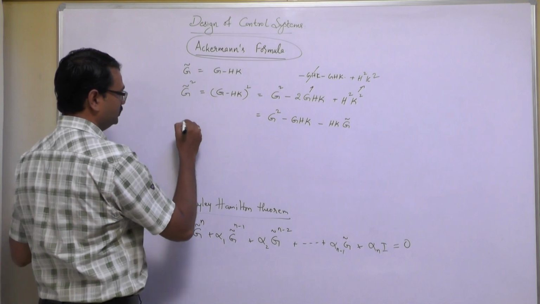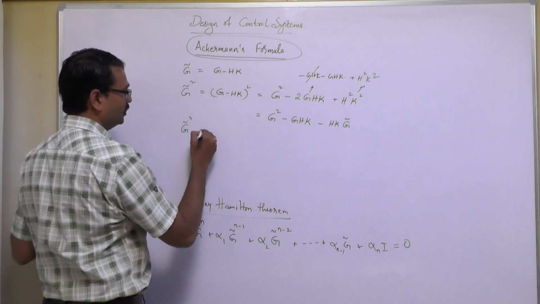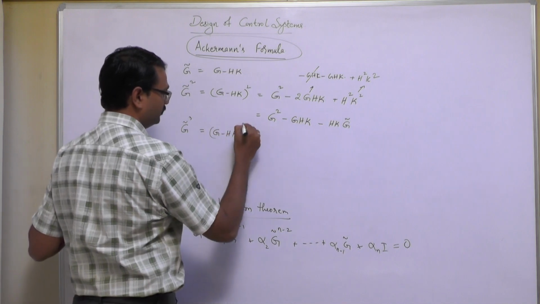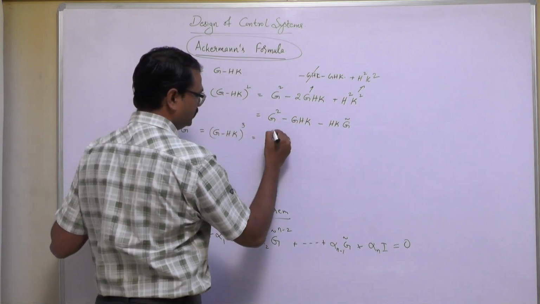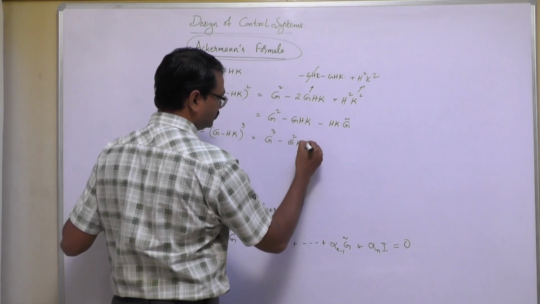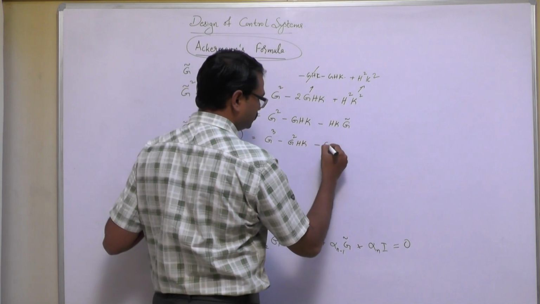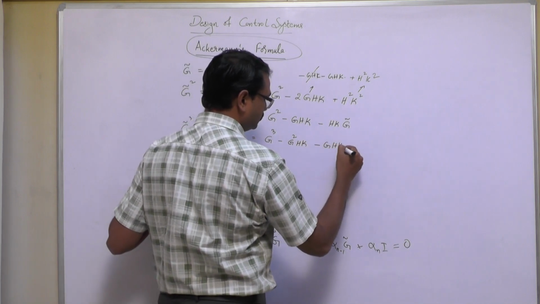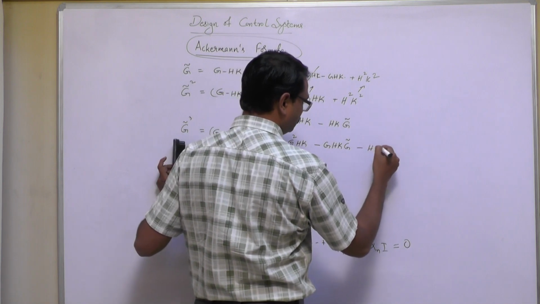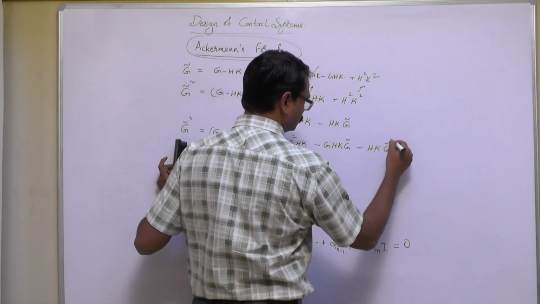Similarly, G cap cube, if we multiply this, we get this term of this kind of equation, which is nothing but G cube minus G square HK minus G HK G cap minus HK G cap square.